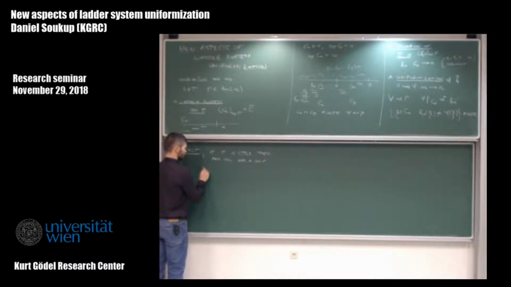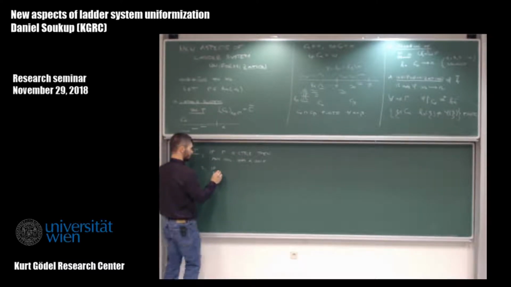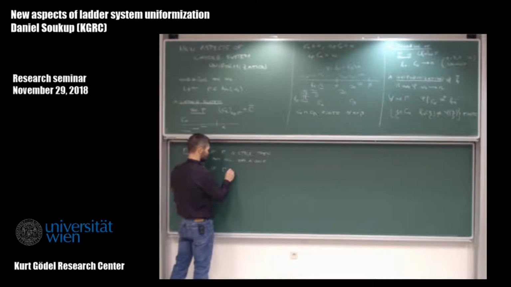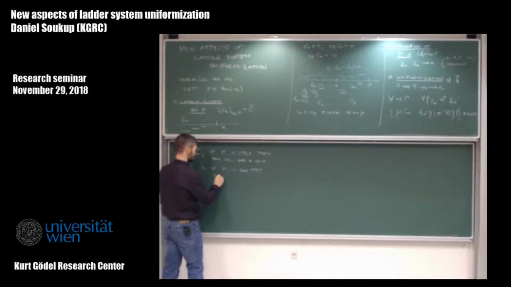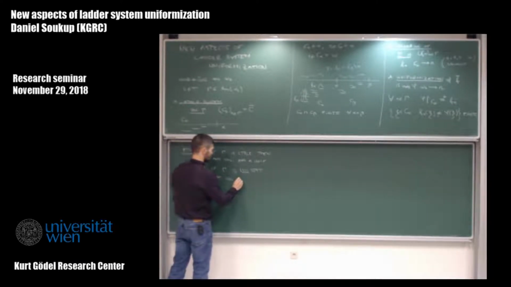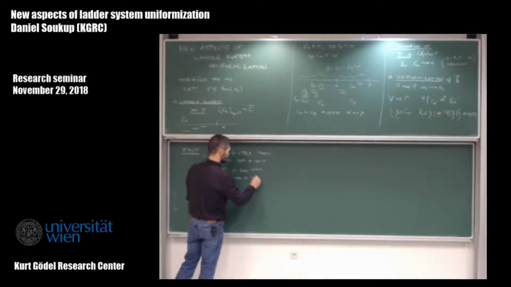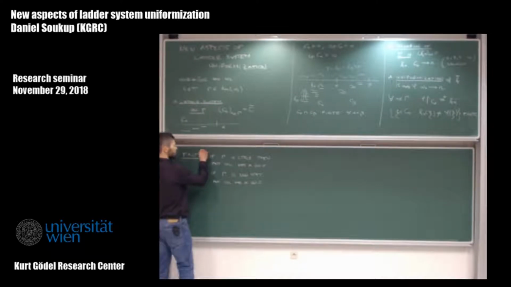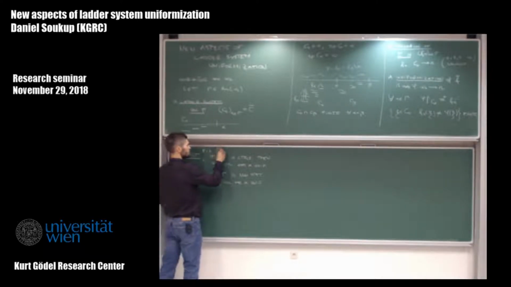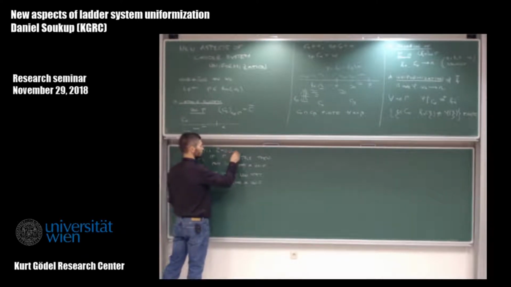Moreover, if gamma is non-stationary, then the same holds: again, any coloring has a uniformization. Imagine that we have a fixed ladder system on gamma.